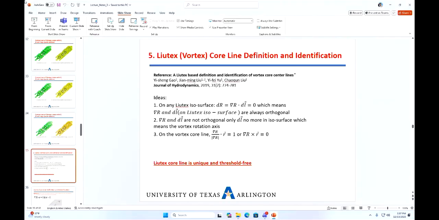All others, in other words, we never have any vortex structure for turbulence. If you look at the book, one looks like an insect, another like a fish, another like points. Which one is the vortex structure? No one. So this core line is important. I believe it's important: unique and threshold free.